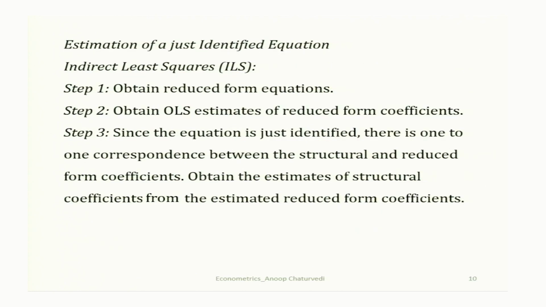So, we consider the estimation of a just identified equation, and for estimating the parameters of a just identified equation, we apply the method of indirect least squares. The steps for the estimation are: first we obtain the reduced form equations, then obtain OLS estimates of reduced form coefficients.